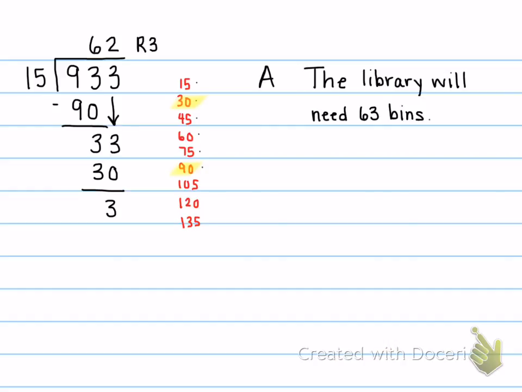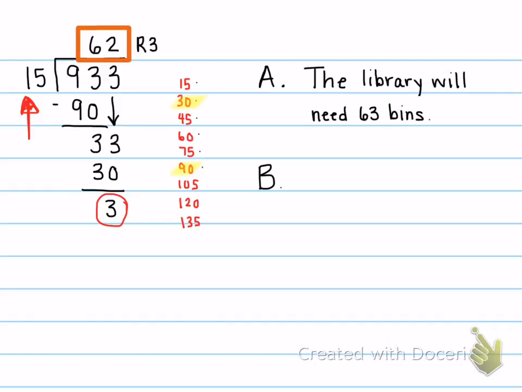All right. So then let's look at what the second question was asking. If you look at B, B says how many magazines will be in the partially filled bin. So we know we had 62 full bins, and then that there was 3 left over. You have to realize that you're talking about 15 magazines going into a bin. This 15 that you're dividing by is the number of magazines in a bin. So when you're left with 3, that means there's 3 magazines left over.